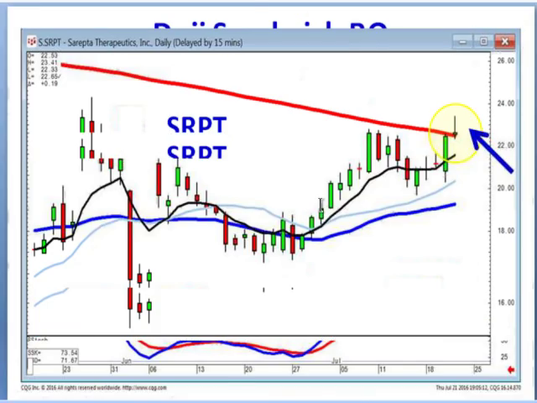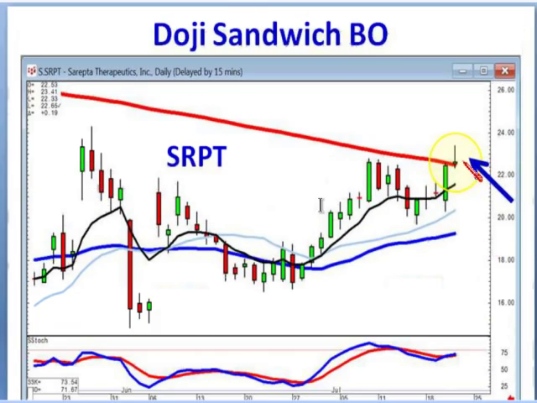Number one, we can assume that it's going to move in the direction how they open after a doji, which means they're trading positive. And two, if it moves the same magnitude as this, creating a doji sandwich, what'd that tell us about our resistance level? It's not there anymore. We're now in wave 3.